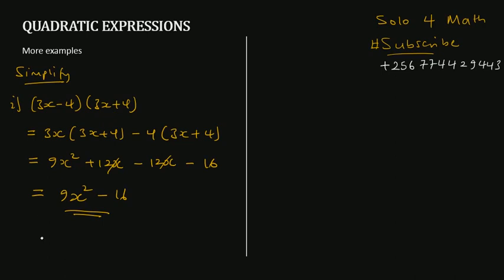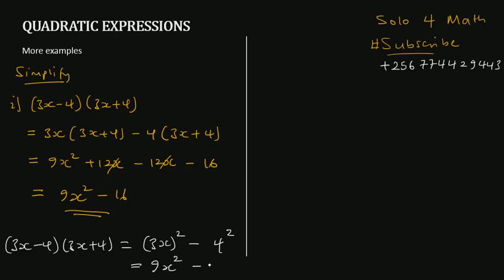So it means we would say 3x minus 4 into 3x plus 4 equals the difference of two squares, meaning we square this minus a square of this. It's a difference, that's why we have a minus here. So when we simplify it, it will be 9x squared minus 16, the same as this.